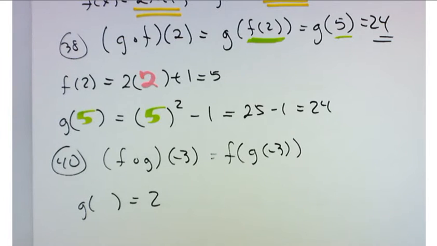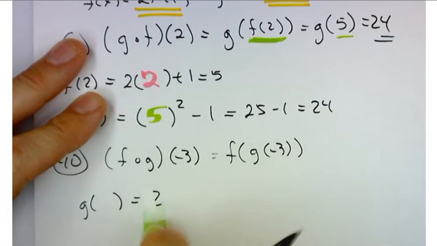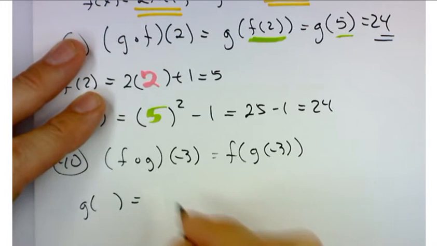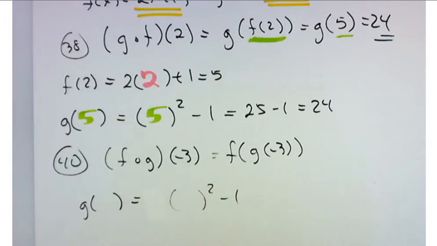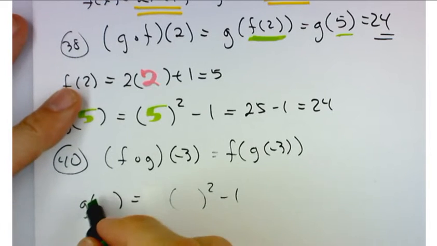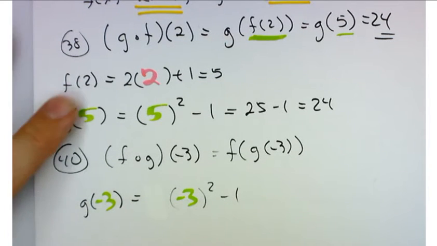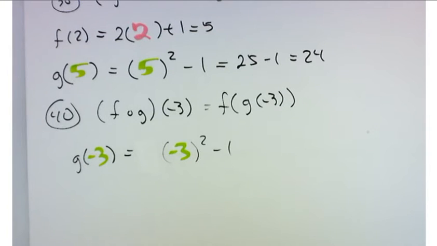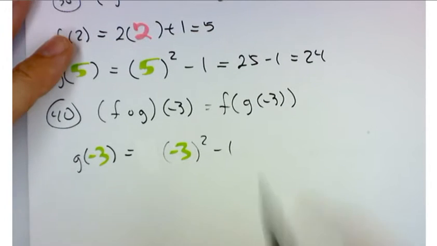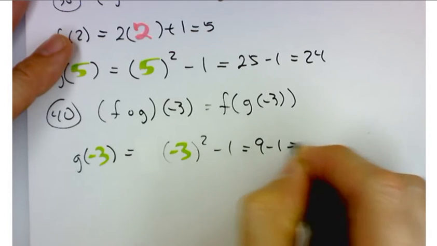G of negative 3, let's see. We're going to take something and square it and then subtract 1. So let's put in the negative 3 here. What's g of negative 3 going to give me? 9 minus 1 is 8.